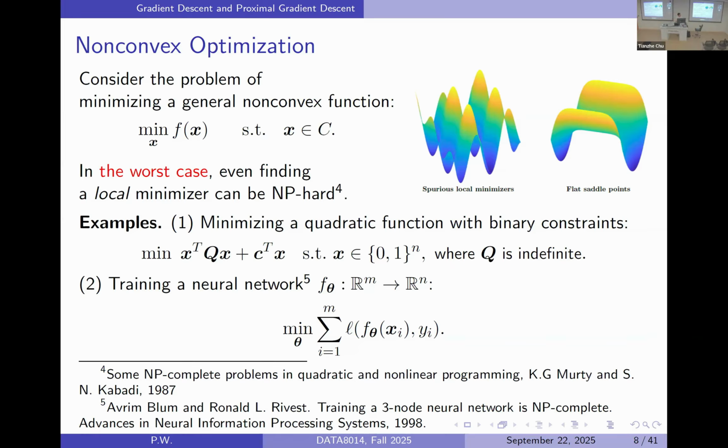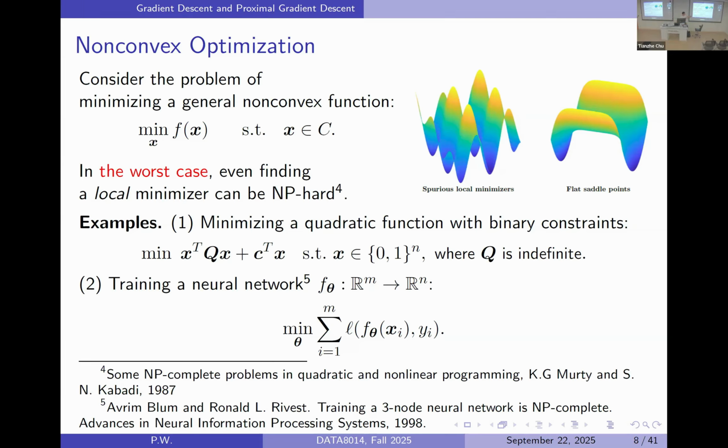Okay. In general, we can write down the form of non-convex optimization as follows. We minimize some objective function f(x), which may not be a convex function, and there may also be a constraint, where the constraint set C may not be a convex set. Then the problem is a non-convex problem.